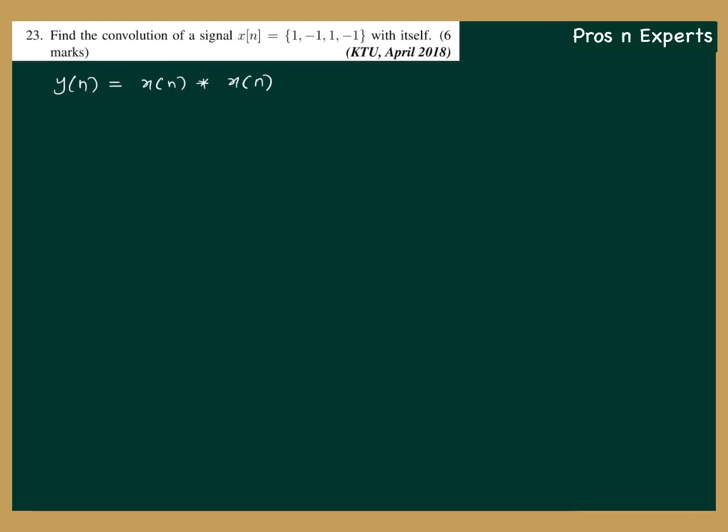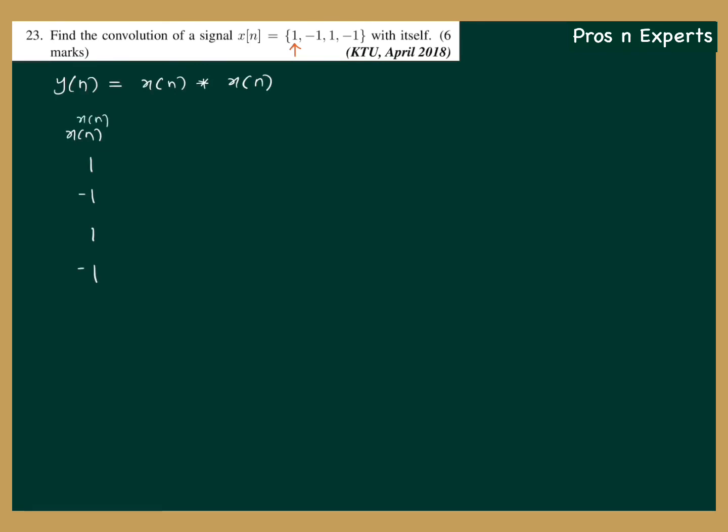For the time being, I'm taking up the tabular method, and in the question, no arrow marks are given. So let us take it by default that the first sample is at n equal to 0. Let's start. x of n, the sample values are 1, minus 1, 1, minus 1.